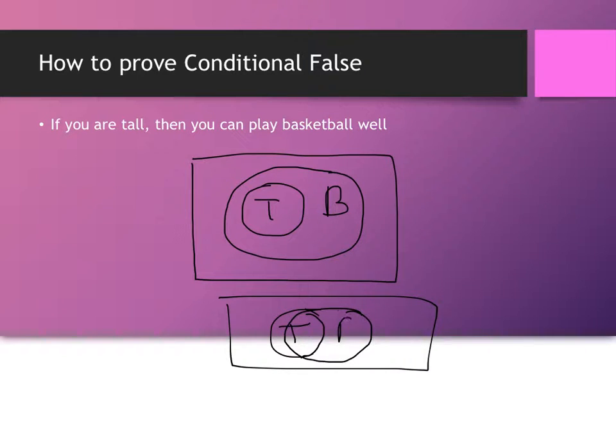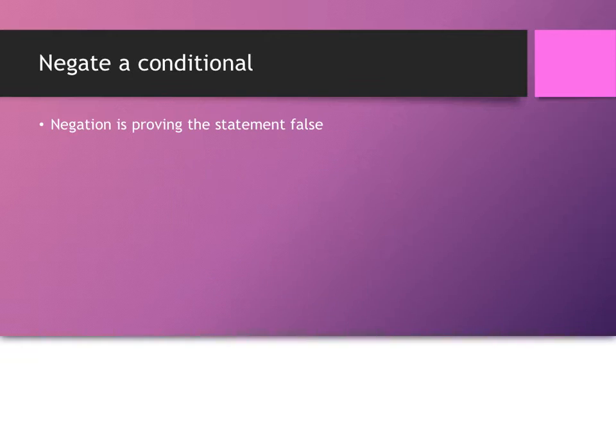And instead of all tall people, there's somebody out here, some guy, or male or female, doesn't matter, over here, who is tall but happens not to be in this set of people who play basketball well. That's what I want you to think: when you're trying to negate a conditional, you want to try to prove it false.